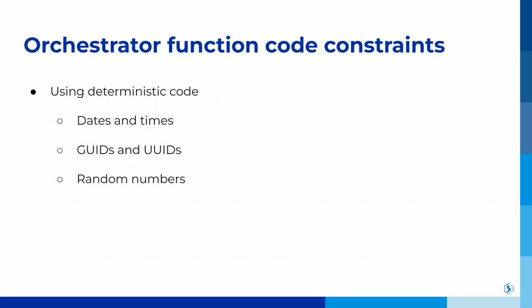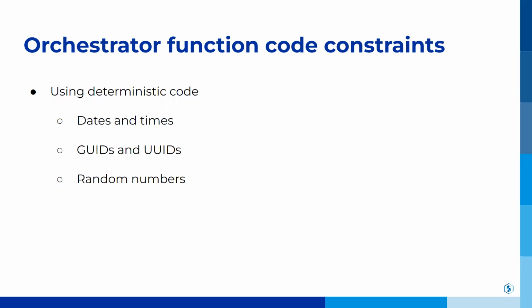But this is taken care of by the orchestration context. The orchestrator context has some datetime methods that you can use, which are prepared for the durable context. So basically, it takes the data in a safe way, let's say. The same thing goes for GUIDs.